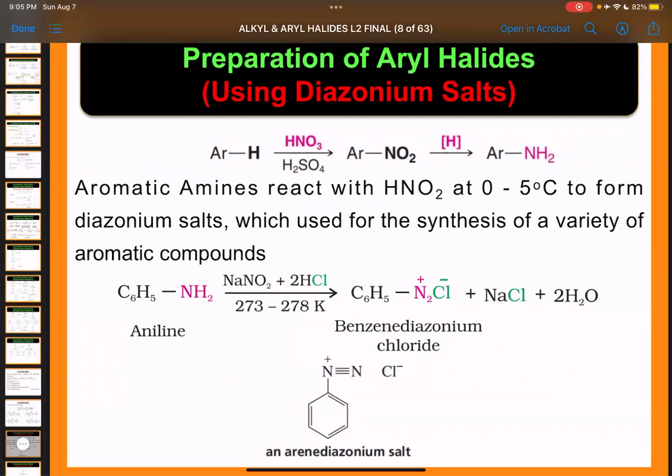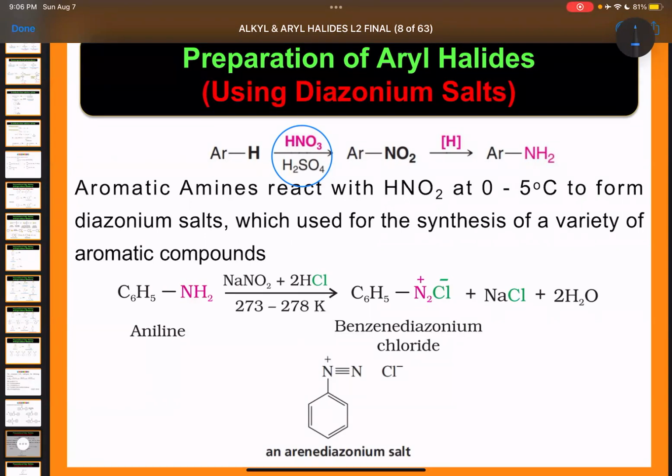So how do you prepare diazonium? That's what we need to discuss. First of all, you should start with a benzene ring, and you should put NO2 first. And how are you going to put NO2, Samira? What is this reaction known as? This is known as nitration.